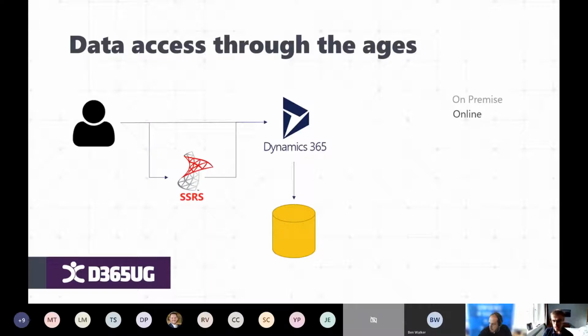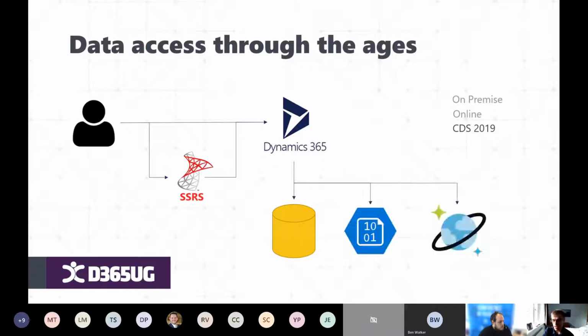It was like that for some years until last year, when there was a change to CDS where they changed the storage model to what they call the heterogeneous storage model. That meant that some of the data that was in the SQL database now isn't. Some of it is stored in blob storage, some in Cosmos DB.